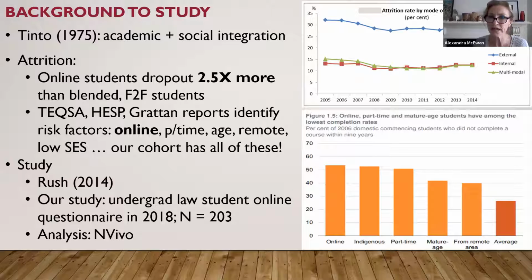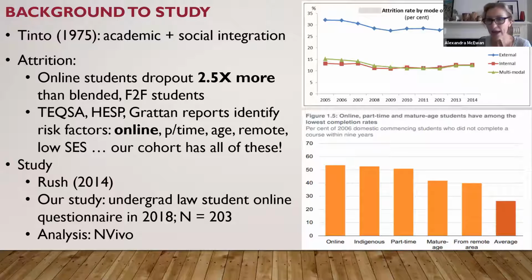Okay, so given that policy and contemporary evidence context, I just want to very briefly reflect on our cohort. Our cohort is Central Queensland University undergraduate law students. We do law online, so 100% of our students are online.